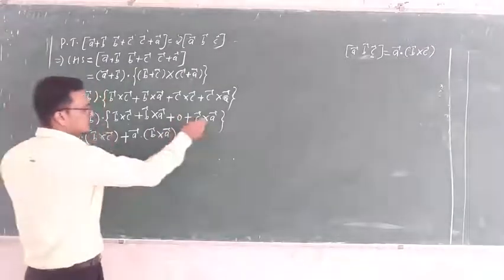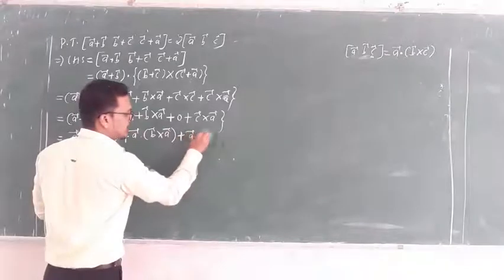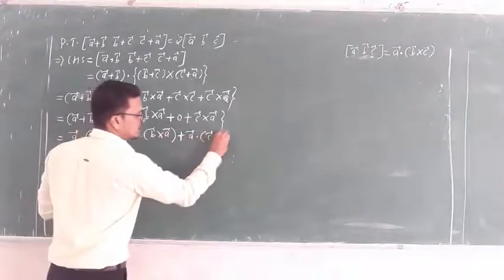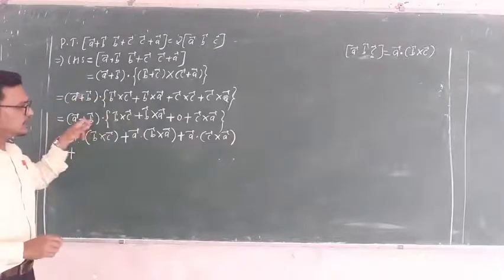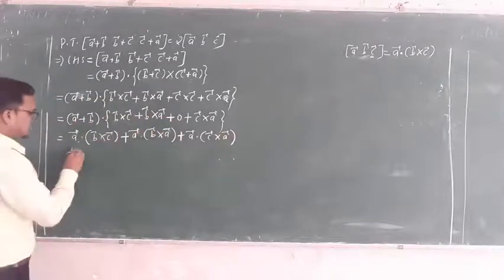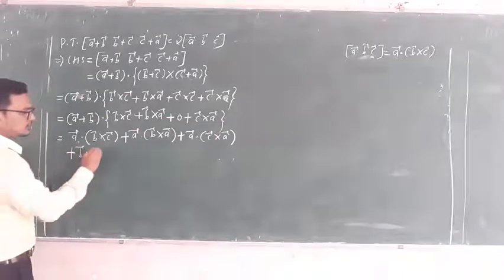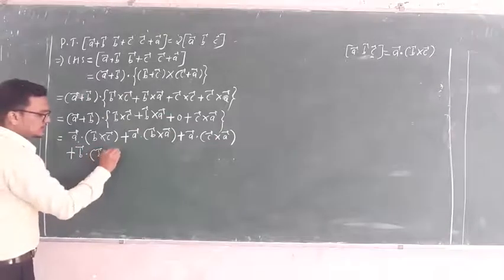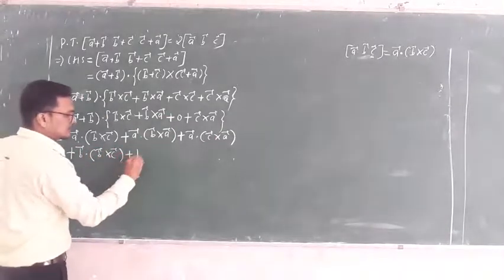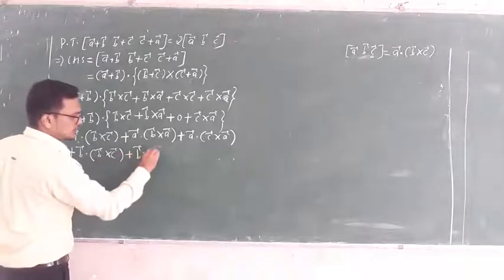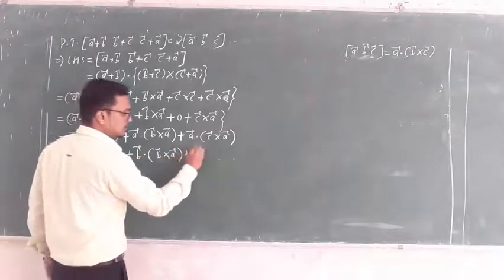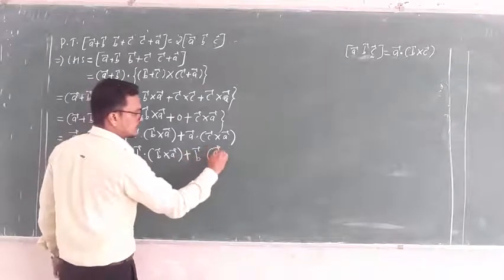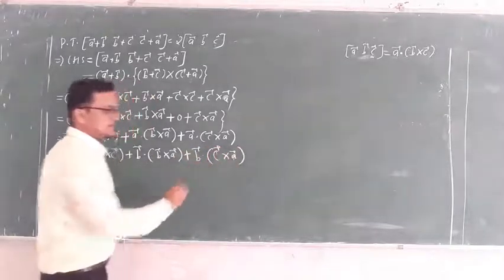Next A dot C cross A. Okay, plus take B again and multiply inside the bracket, that is B dot B cross C plus B dot B cross A plus B dot C cross A.